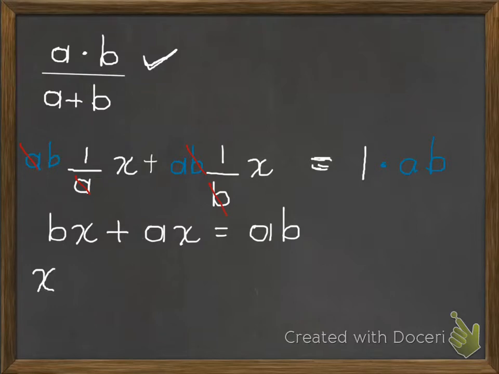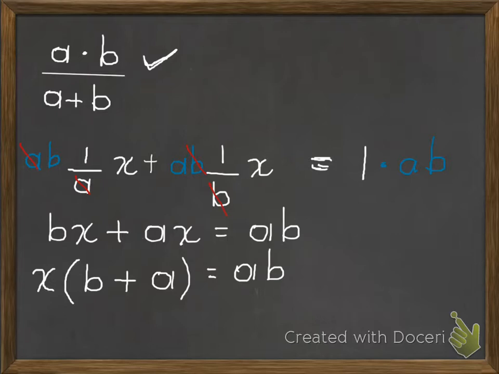So we take the x out here, and we're left with B. Take the x out on the second term, we're left with A. And now we have x times B plus A is equal to AB.